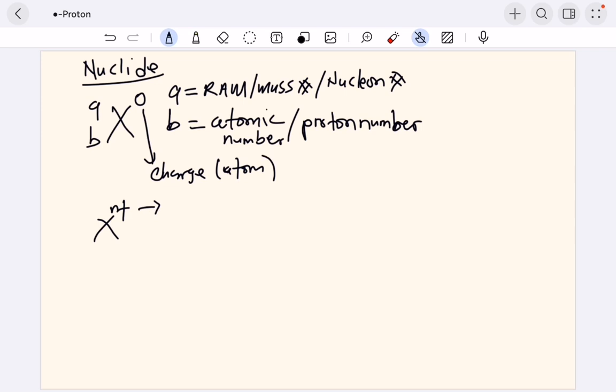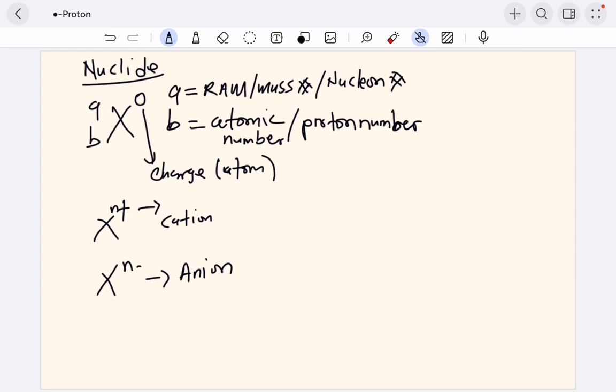N positive means that you're dealing with a cation. Then when you see N negative, it means that you're dealing with an anion. So what is important here is to understand the nuclide and the details that come with it.